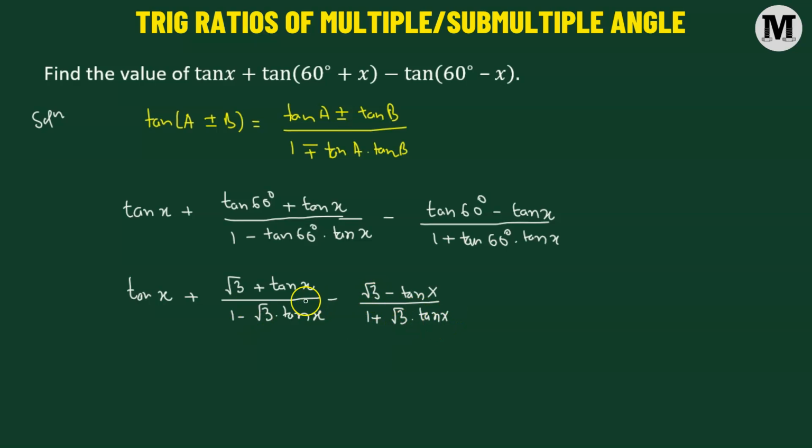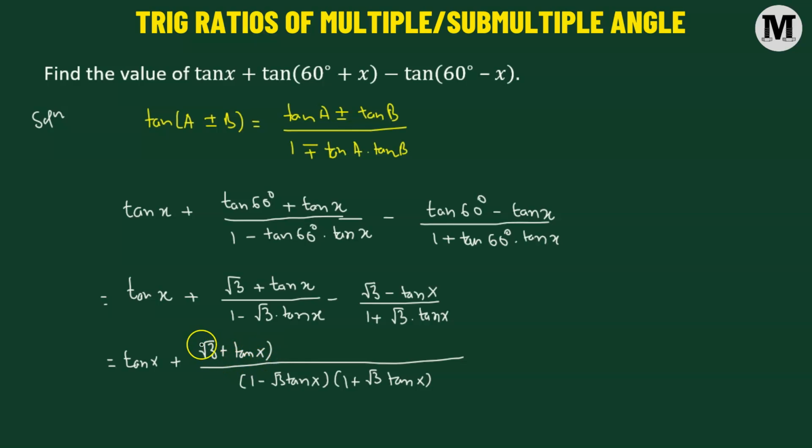Now we will be combining the second and the third term. So that gives us tangent of x added to. Now we have the denominator 1 minus square root of 3 times tangent of x multiplied to 1 plus square root of 3 times tangent of x. So in the numerator we have square root of 3 added to tangent of x.